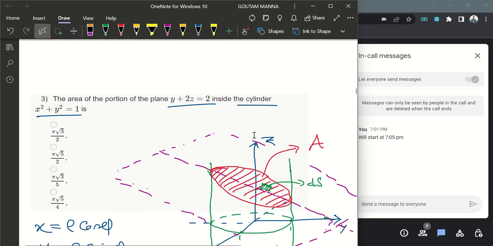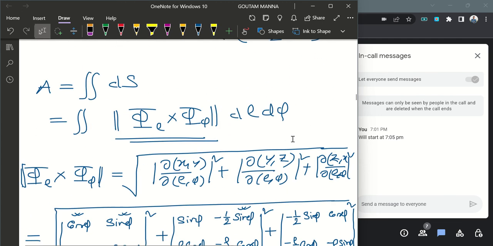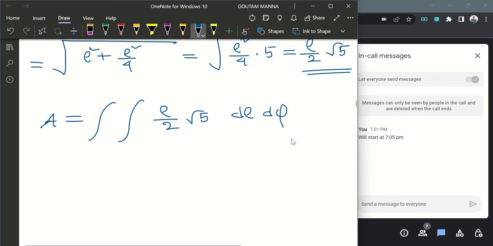Here we are inside this cylinder, so rho should go from 0 to 1, because the radius of the cylinder is 1, and to cover this entire region phi should go from 0 to 2 pi.